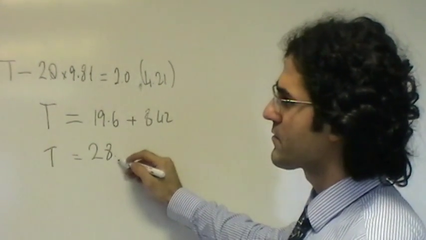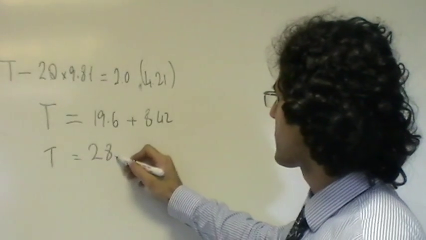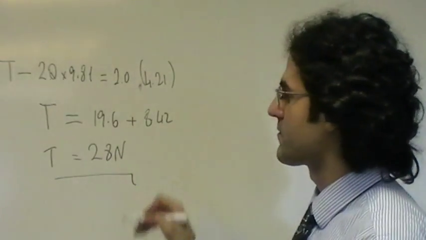How many significant figures do we have since the beginning? It's two significant figures. Newtons is the unit of tension. So I have found tension and acceleration.